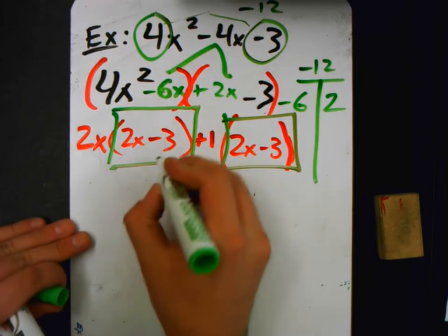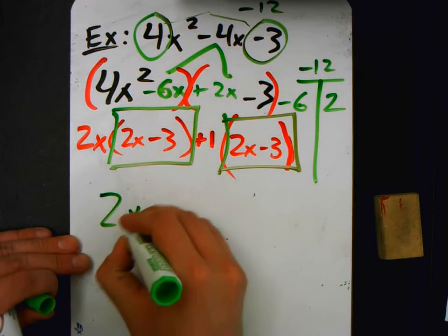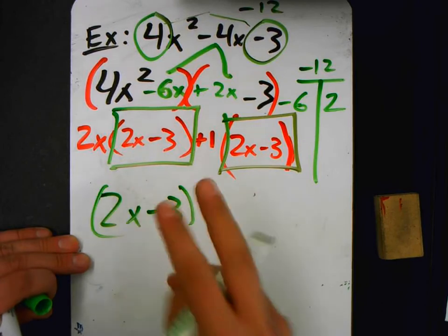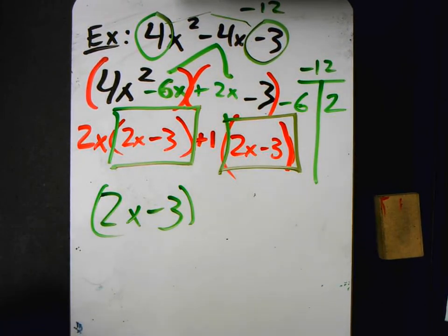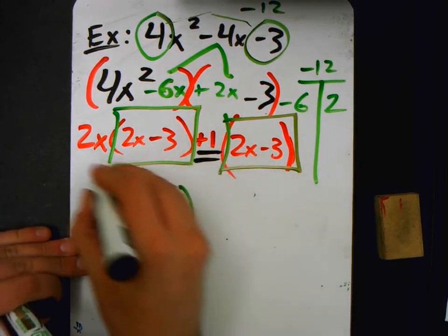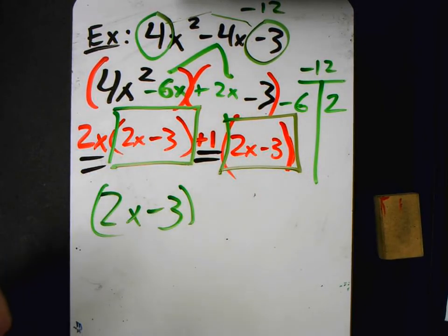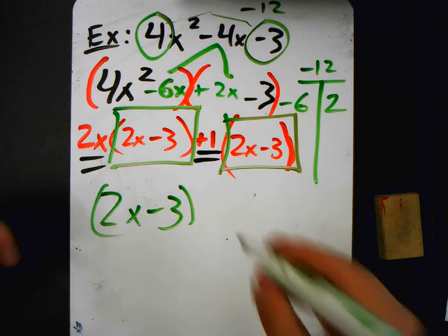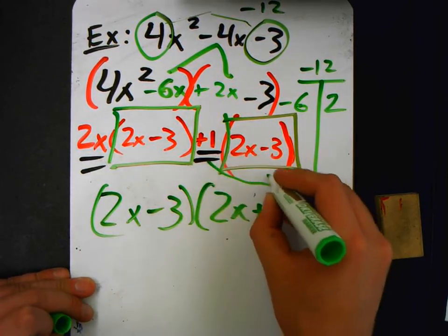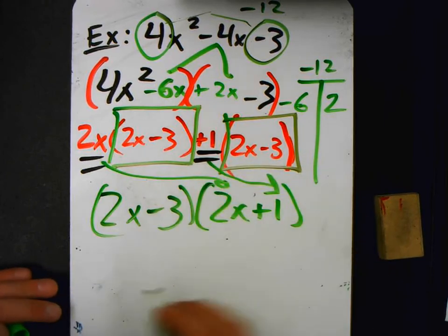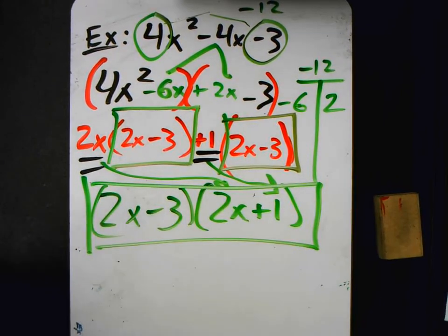We can then rewrite this line into whatever was in the parentheses once, then everything that is left over as a term inside the parentheses right next to it, 2x plus 1. And this is your answer to factoring that quadratic.